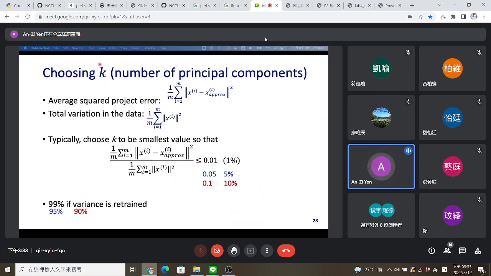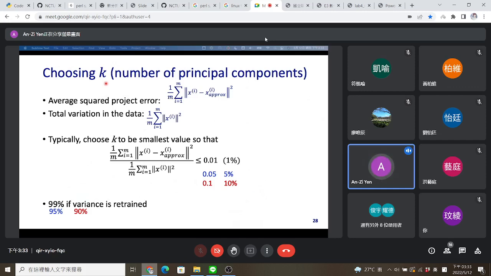And note that k is a parameter of the PCA algorithm, or you can say k is the number of principal components that we want to retain of our data.